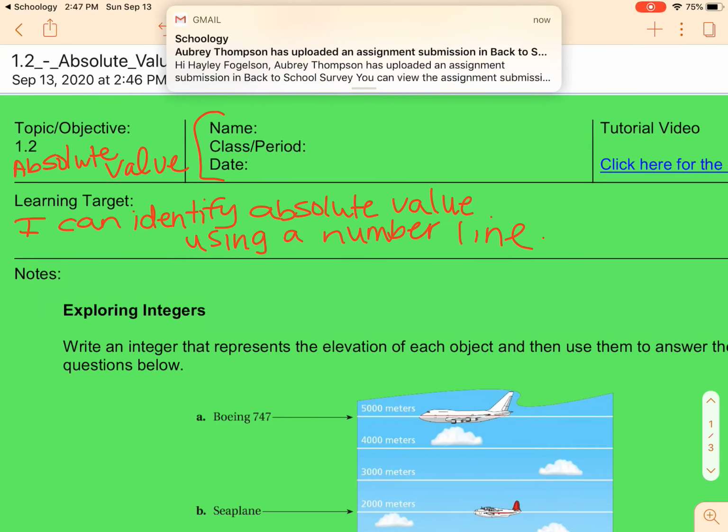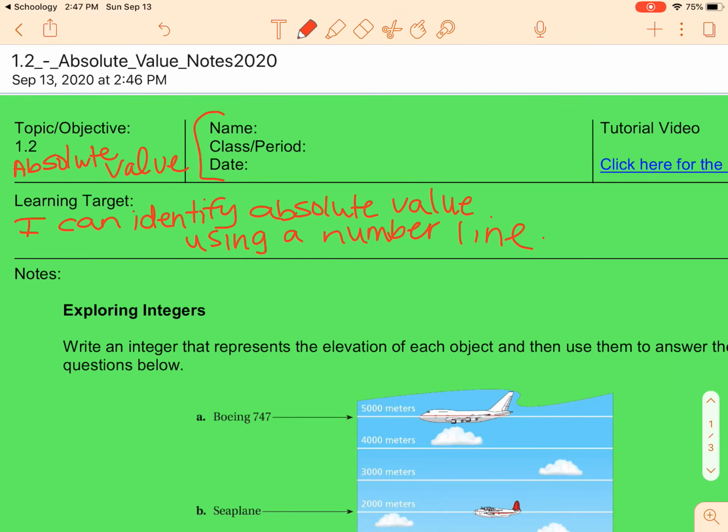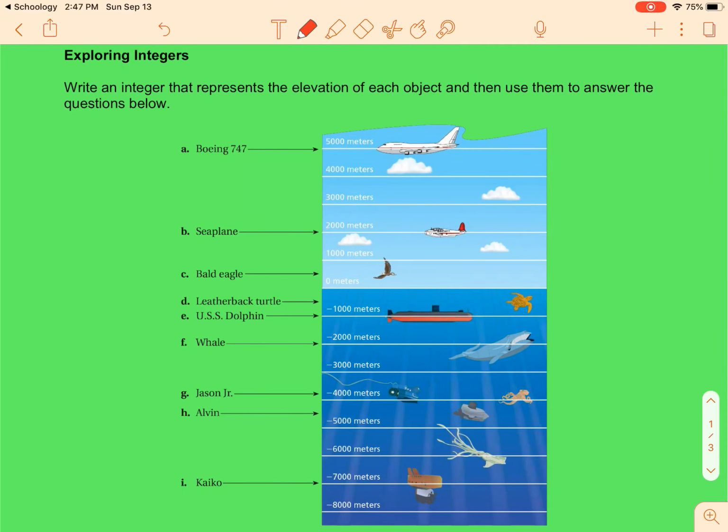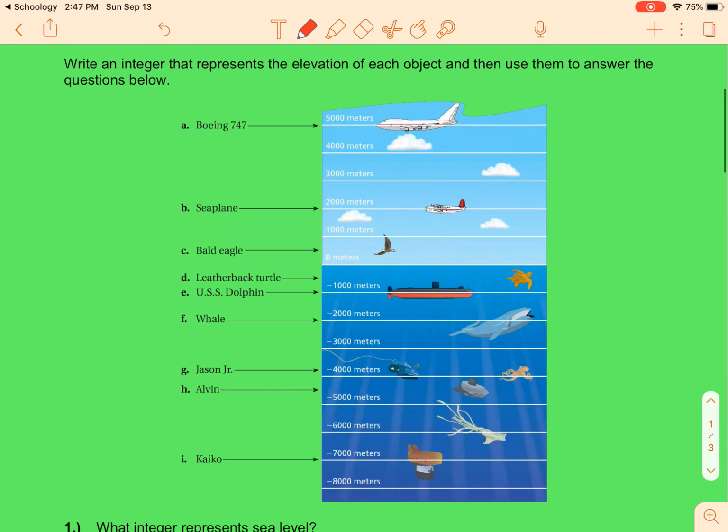Alright, so to get started, we are going to look at exploring integers. If we look at this picture, we need to write an integer that represents the elevation of each object and then use it to answer the questions below.